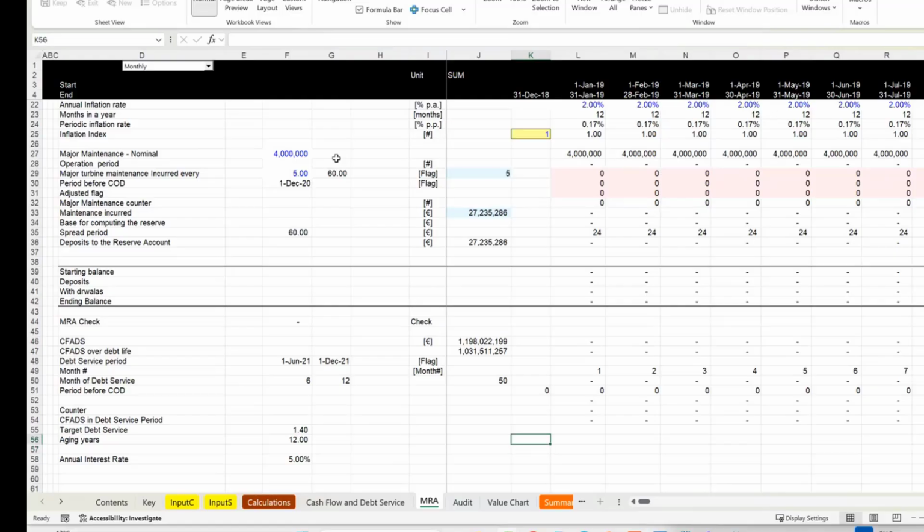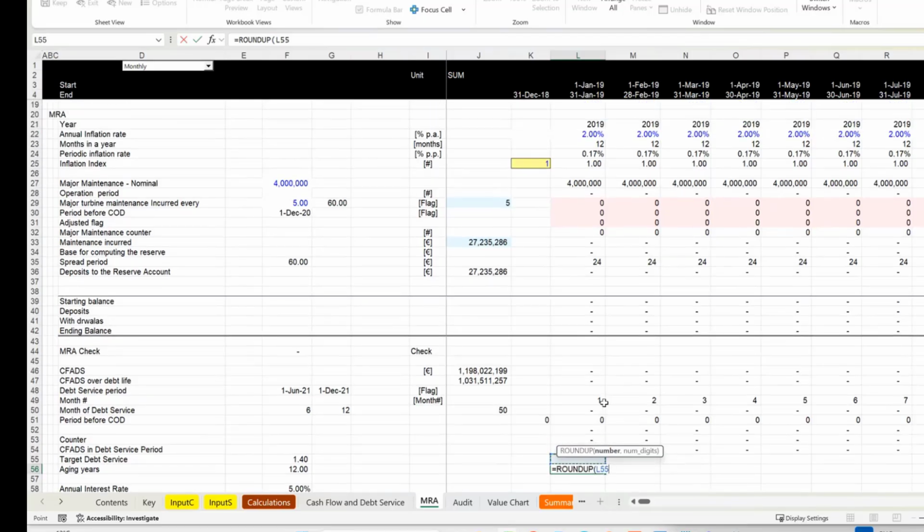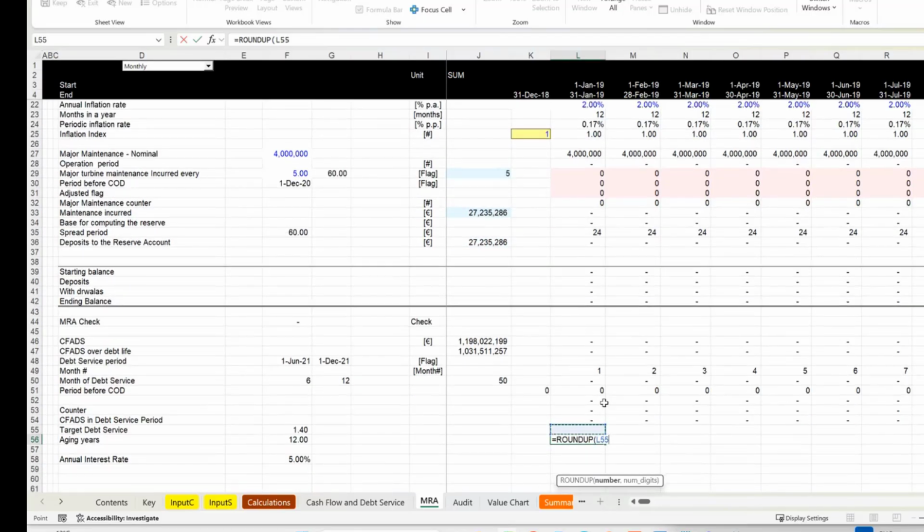So then just go to 56 and put equal round up and go up to the age we had in periods. Where's the age we put in periods? We did it way up there somewhere. Did we call it operation period, I think, up there in line 28?